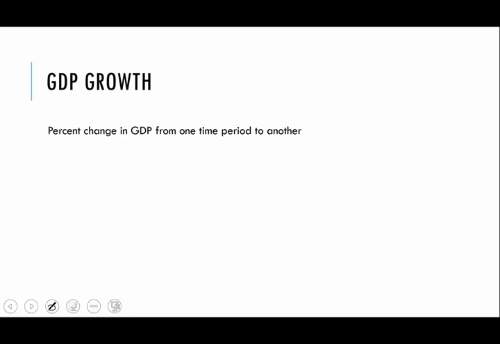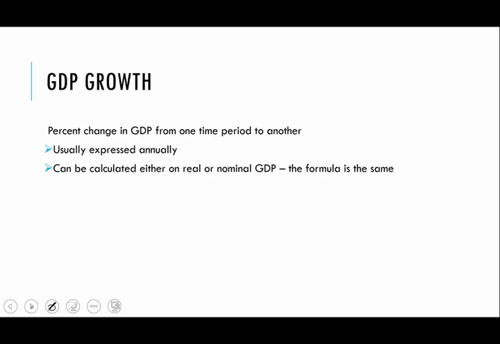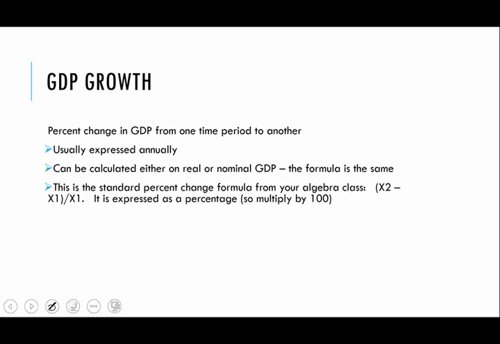So to calculate the growth rate, it's simply the percent change in GDP from one time period to another. And you did percent change formulas in algebra. And if you don't remember, it's basically x2 minus x1 divided by x1. And then we express it as a percent. And to do that, we multiply it by 100.